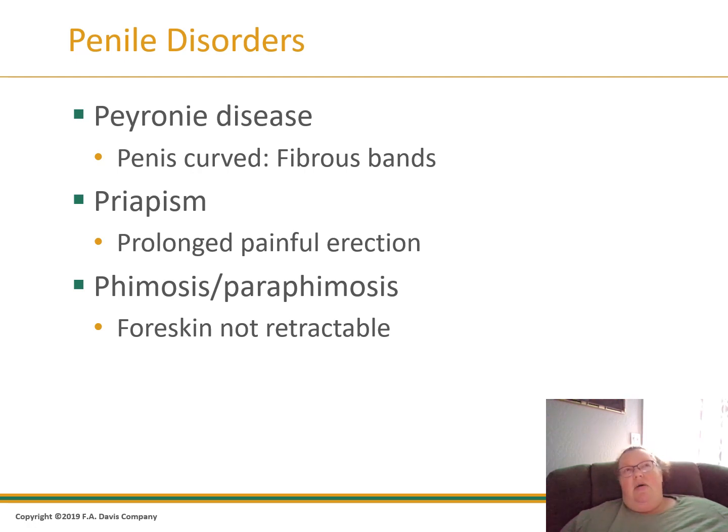Sickle cell anemia can also cause it, so that's something to be aware of. Very painful too. Yes, we do have to stick a needle in the head of the penis and release the blood. Phimosis or paraphimosis is when the foreskin is not retractable. That's pretty painful as well.